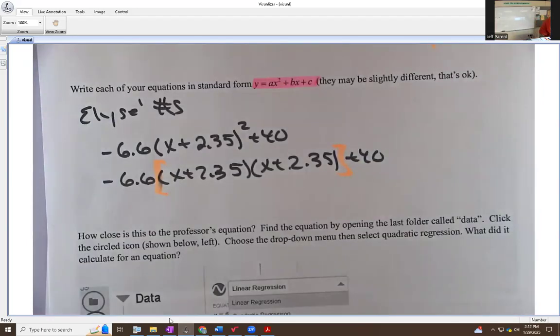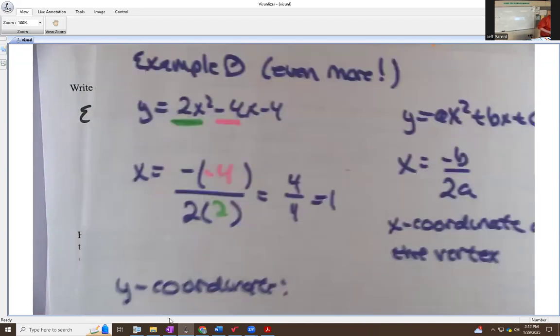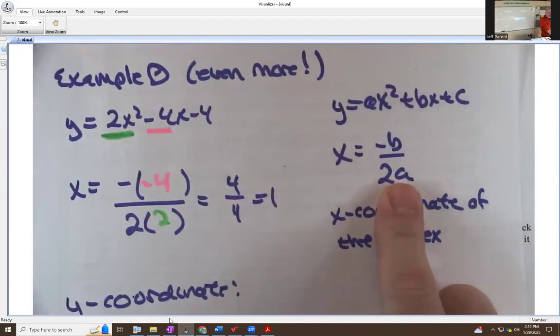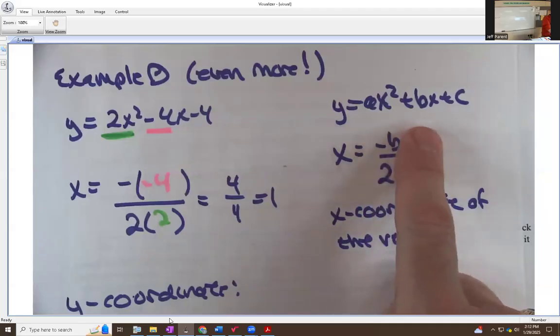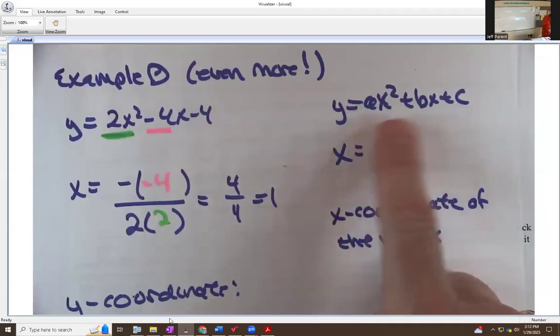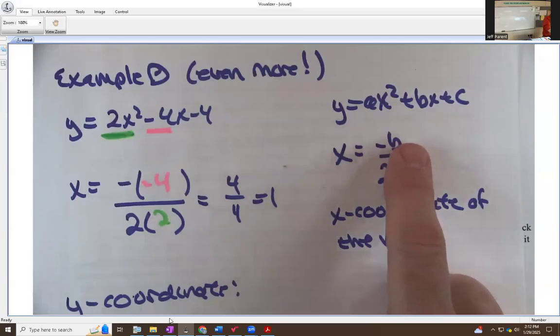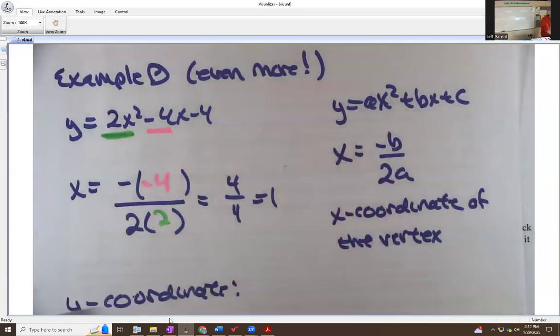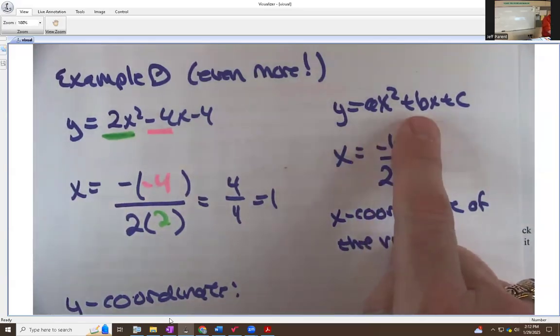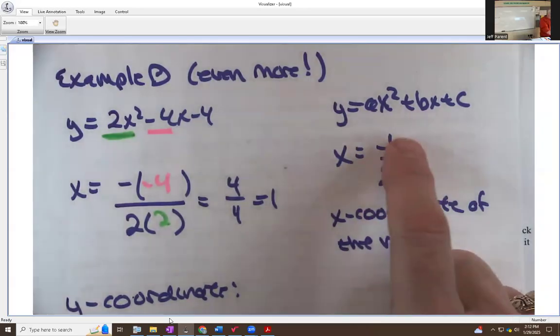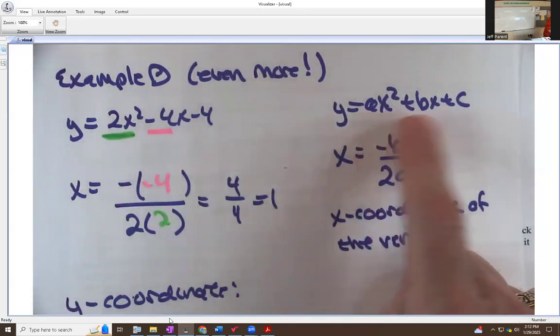The other thing that we went over is how to find the x coordinate of your vertex with this formula. That's something I would expect you to know. With this formula, you don't necessarily need to even look at the graph. You can look at the graph to figure out the vertex, but if I give you a graph with large coefficients, you're probably not going to be able to figure out how to use a window big enough to see that.